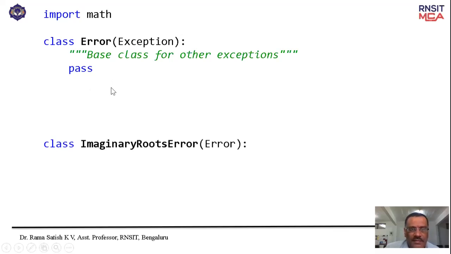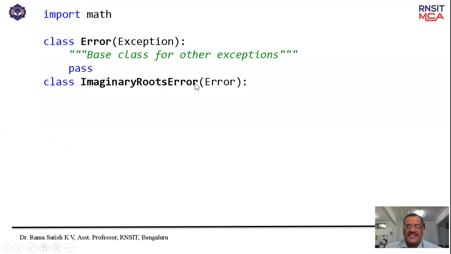Now, ImaginaryRootError. This is an error that you are writing, class ImaginaryRootError, which takes the Error class, and the message you are printing in this exception is that the roots are imaginary.